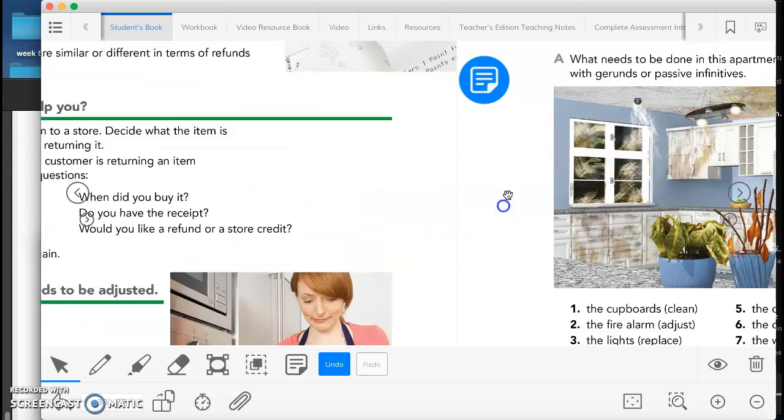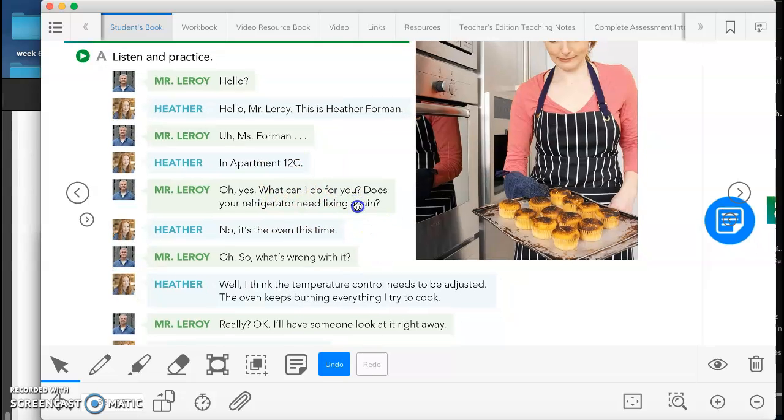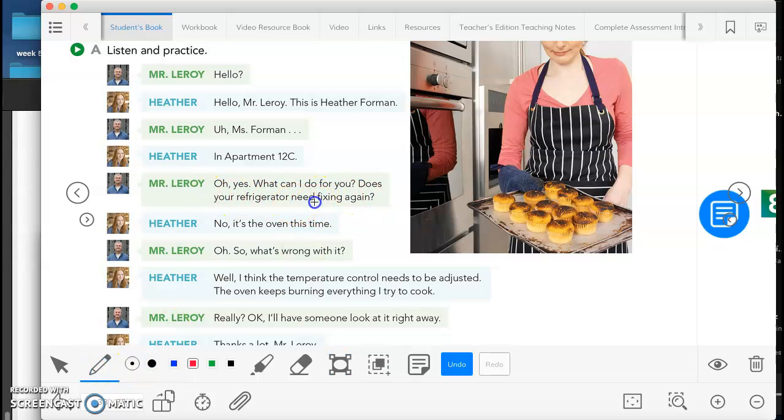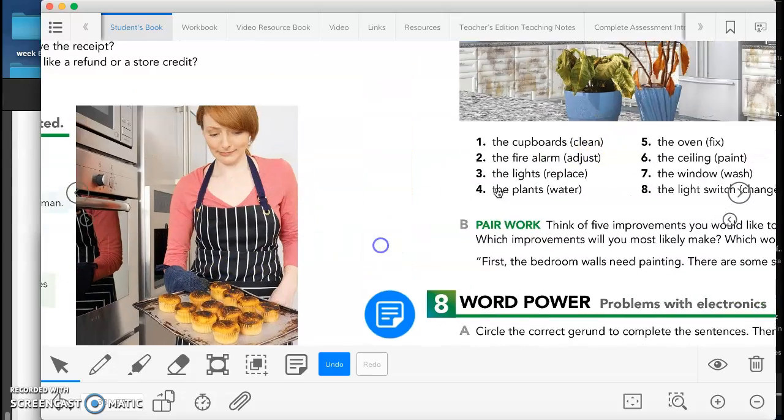It is very similar to this example that we were seeing in the conversation. In here, as you can see, your refrigerator needs fixing again.